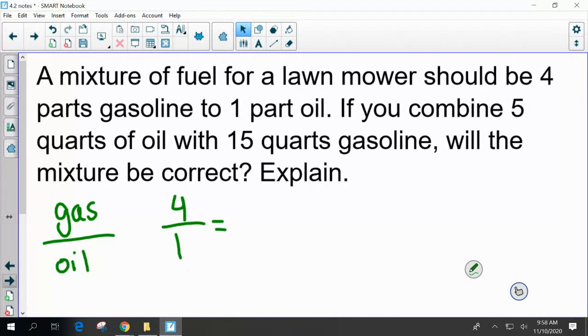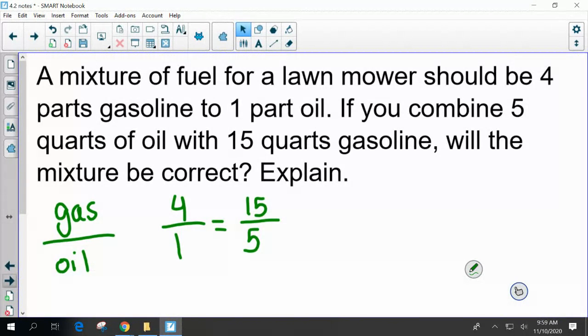If you combine 5 quarts of oil with 15 quarts of gas, is it correct? So 15 quarts of gas has to go in my numerator, and 5 quarts of oil goes in my denominator. And decide if those are proportional. You can either cross multiply or divide. I heard a no, which is correct.